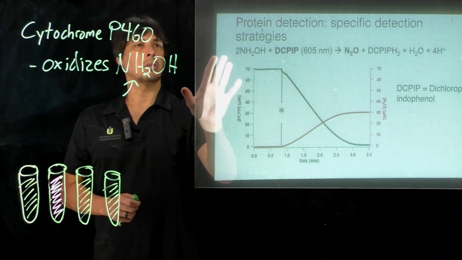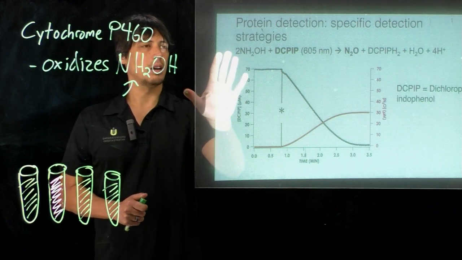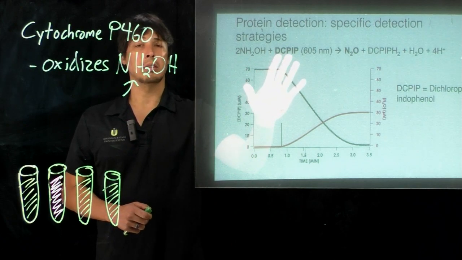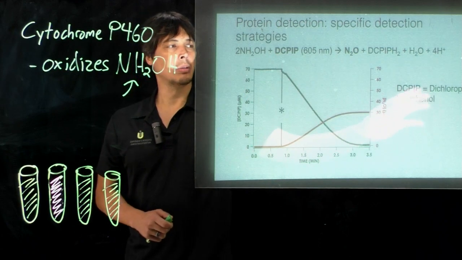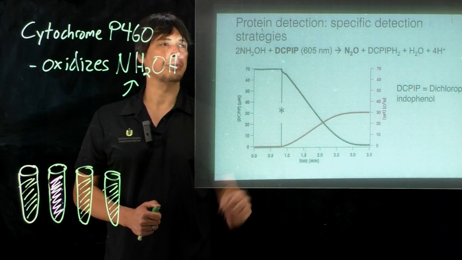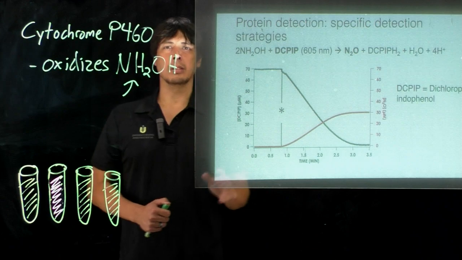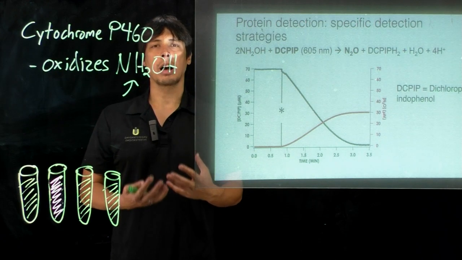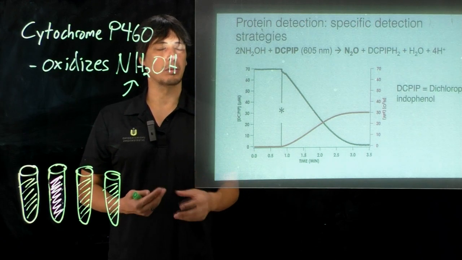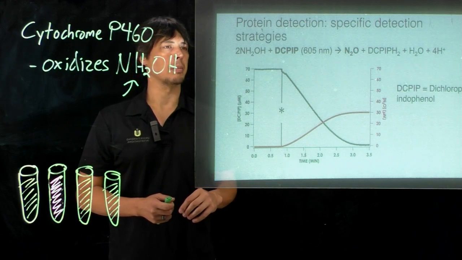So in the balanced equation, you see that two hydroxylamine molecules are oxidized and electrons are transferred to an oxidant called DCPIP, which is short for dichlorophenol indophenol. So this is a chemical oxidant, and it absorbs at 605 nanometers. What that means is that this oxidant has a very deep blue color, and we'll very quickly tell you why that's important in a second.